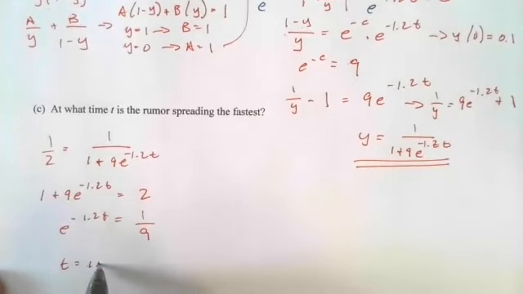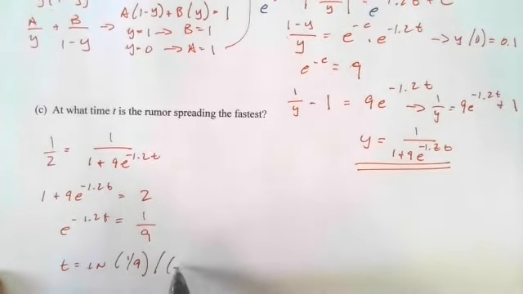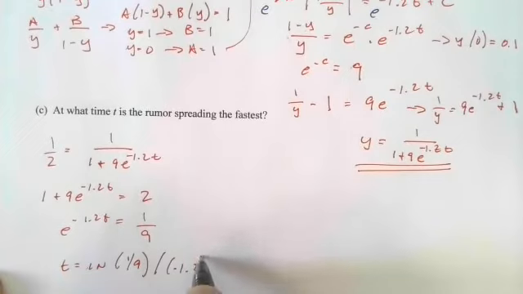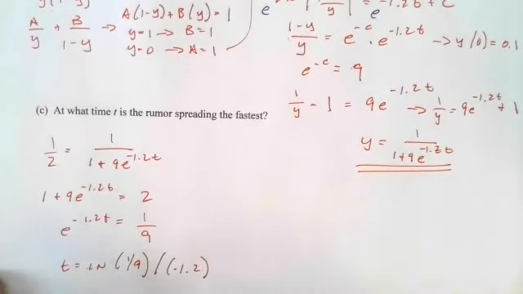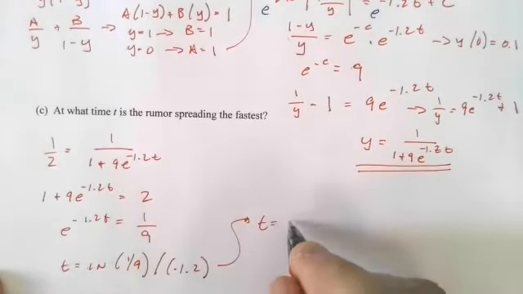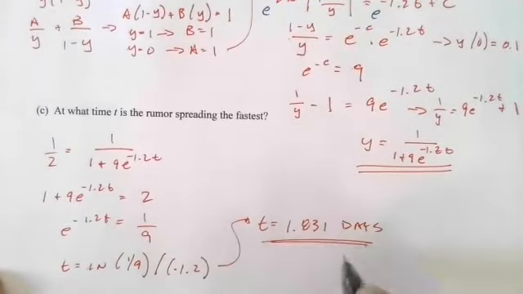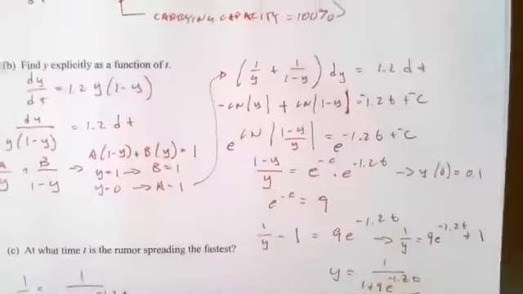T equals ln of 1 over 9 divided by negative 1.2. T equals 1.831 days. Wow. Math.